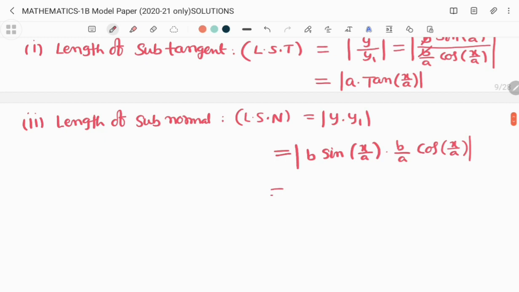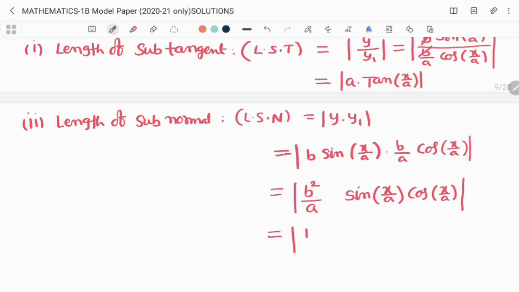So b into b, that is b square by a, sine of x by a into cos of x by a. Whenever sin x cos x is there, to make it into the formula format, multiplying and dividing by 2 for this term, 2 sin x cos x, sin 2x formula we need to apply.